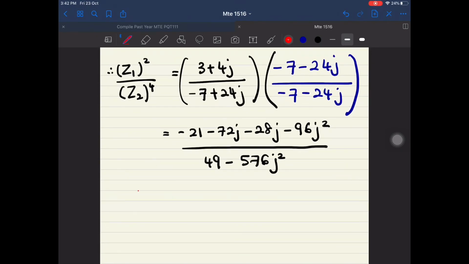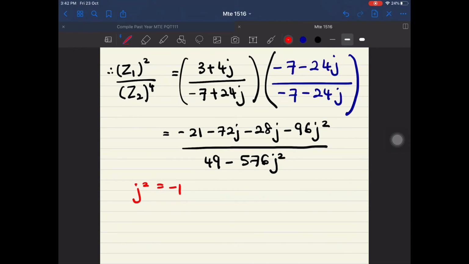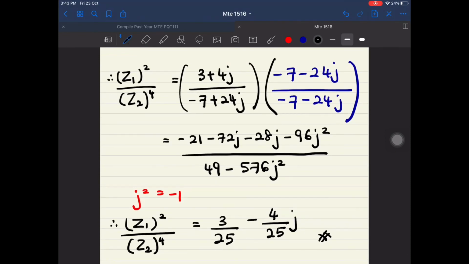And we know that j squared is equals to -1. So substitute this value into here and here. So therefore your final answer will be 3 over 25 minus 4 over 25j. When you substitute j squared is equals to -1 and do the operation for the real part with the real part, imaginary part with the imaginary part, you will have this final answer.